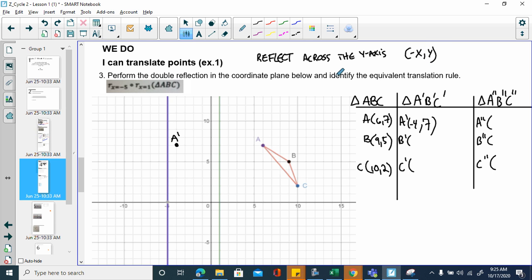Now notice that the y-axis is the same as the vertical line when x is equal to 0. So when x is 0, that is the vertical line that goes through the y-axis.